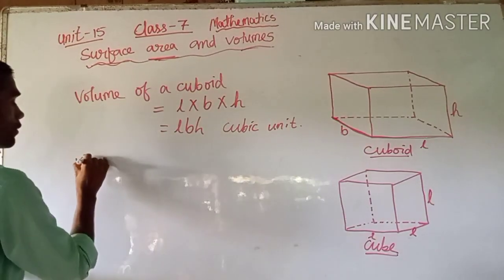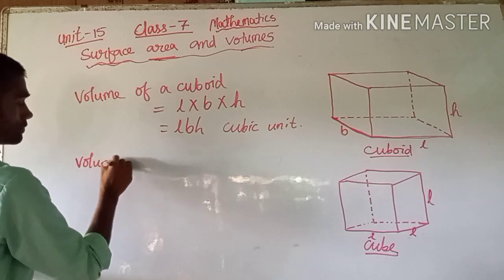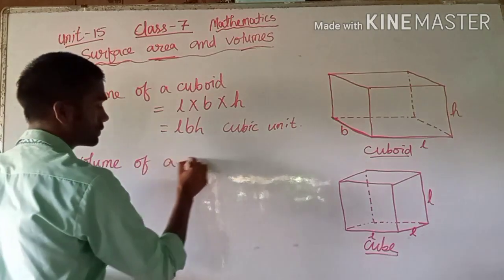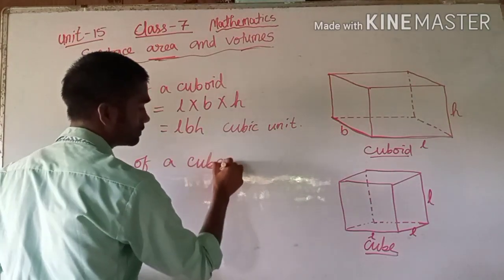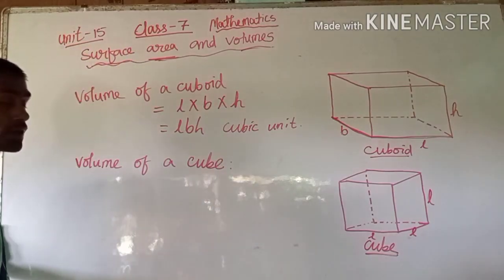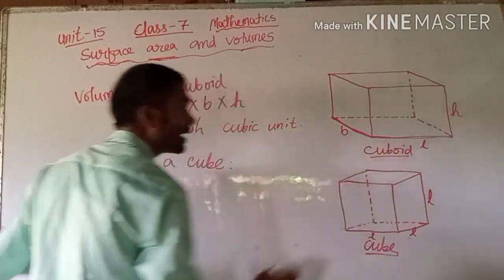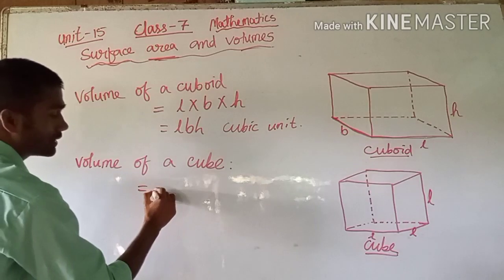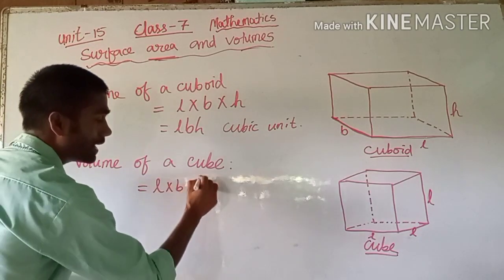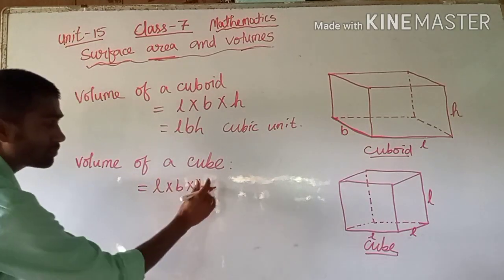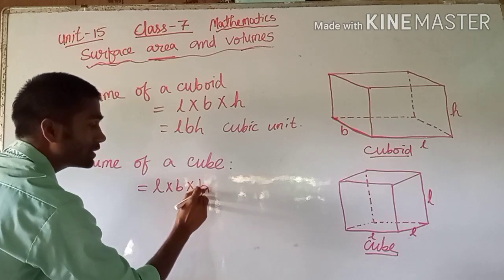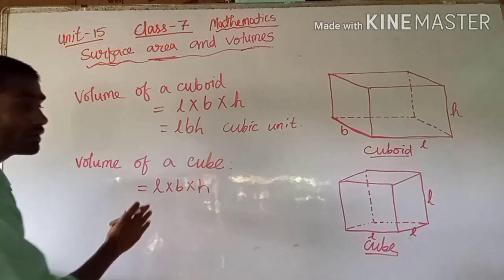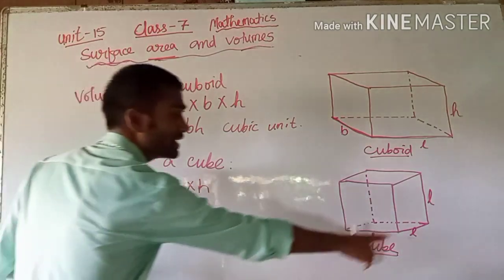So next, the volume of the cube. Now for the volume of a cube, we can see that length, breadth and height are all the same, and we represent that with L itself.